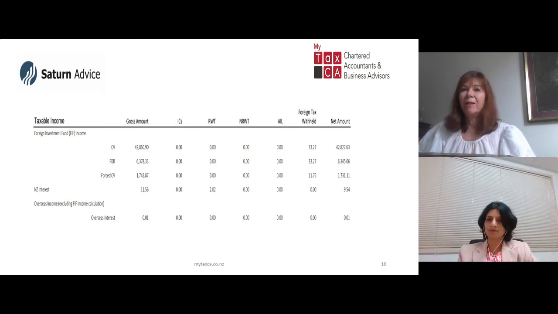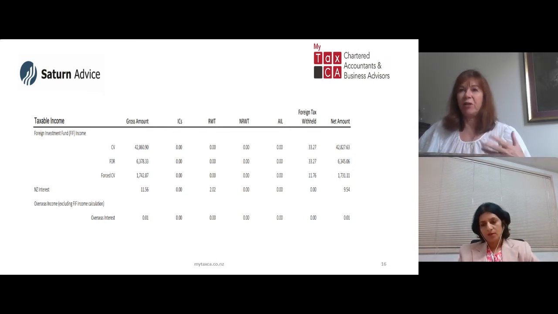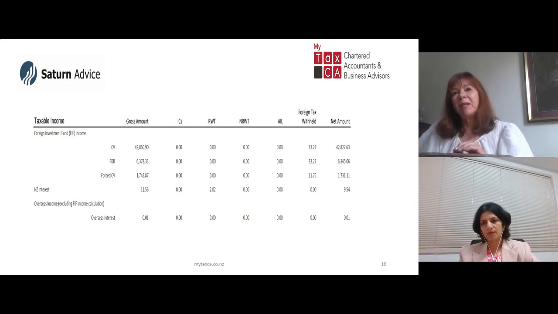Back to you, Jane. That's right, Abby. So there's quite a discrepancy here between FDR and CV. And just to remind you that we're using the reports from the previous tax year for this presentation. So this tax year started on the 1st of April 2020, which was right at the depths of the market sell-off when COVID started. So 5% of your opening value was extremely low.